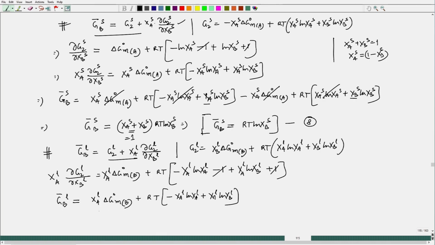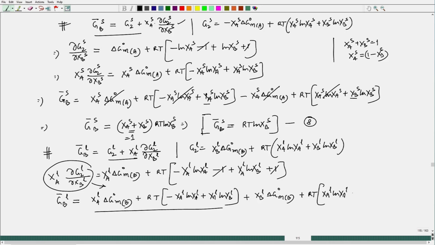This quantity is nothing but this one. So I will be adding G2, which is XBL delta G naught M B plus RT times XAL ln XAL plus XBL ln XBL.